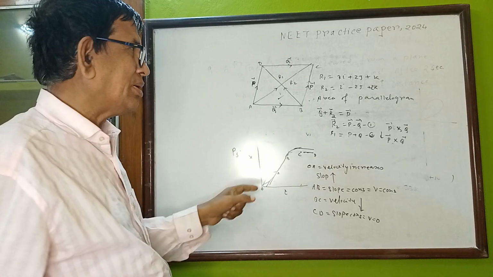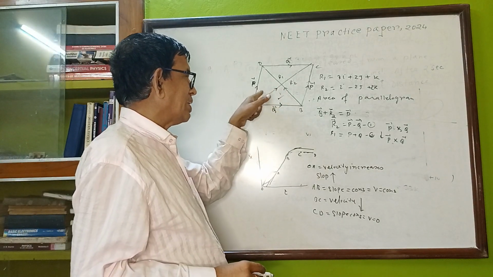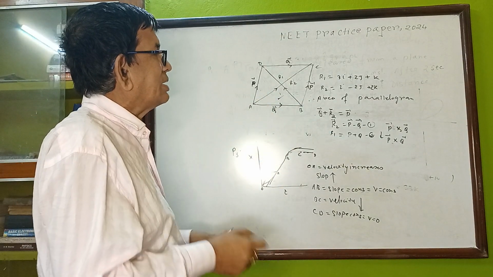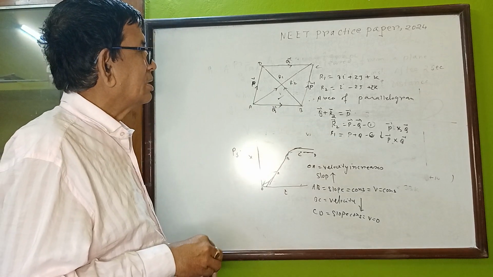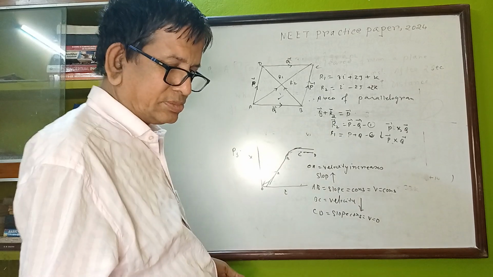By using the triangle law, you find R1 and P and Q separately in vector form. Then you take the cross product to find the area of the parallelogram. Clear?